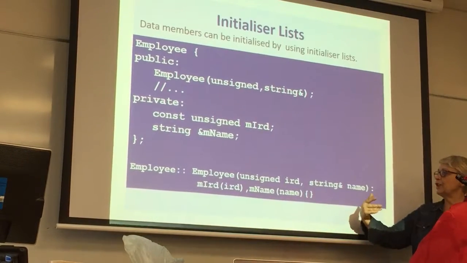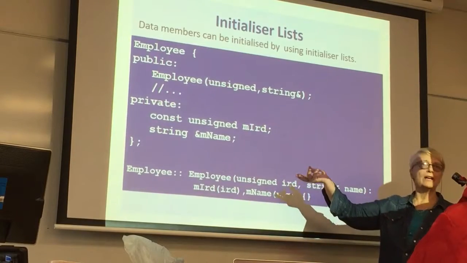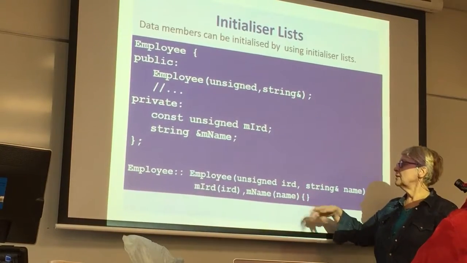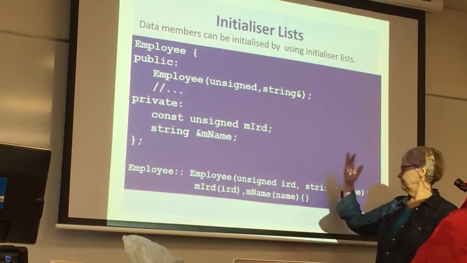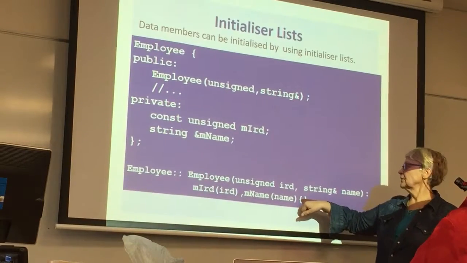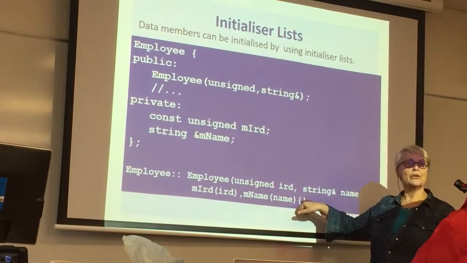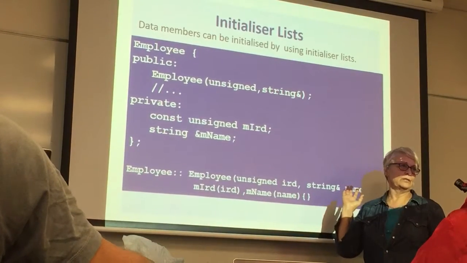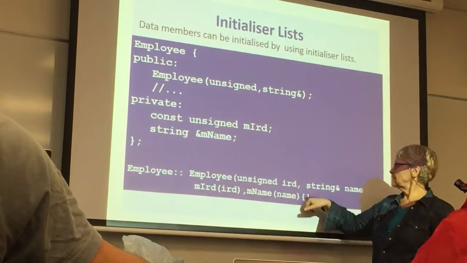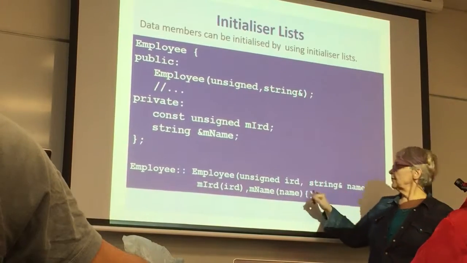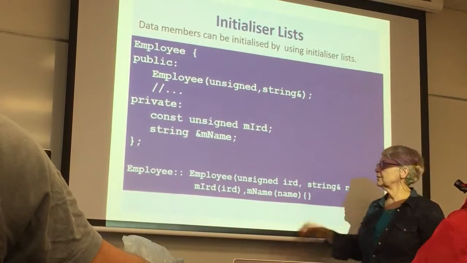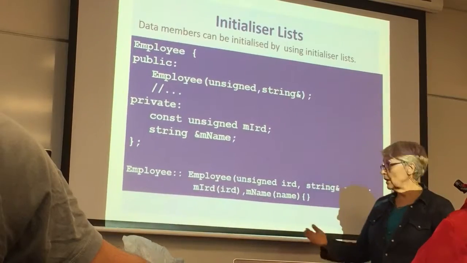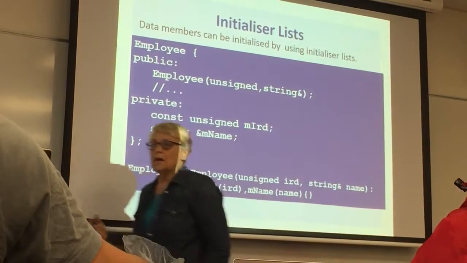But if we would use integers, for example, instead of unsigned integers, we can have here: if IRD is less than 0, set it to 0, because I don't accept negative IRDs. So then this will have only 0 or positive values.